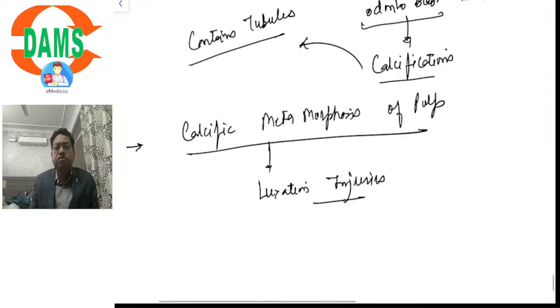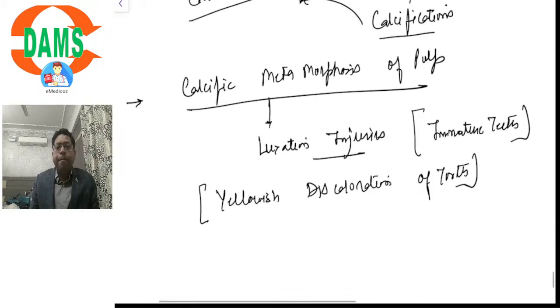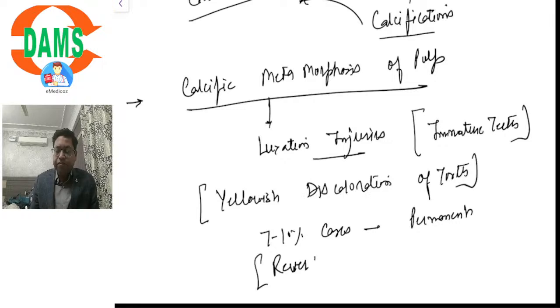Whenever the pulp is subjected to certain luxation injuries, especially in cases of immature teeth, there is calcific metamorphosis of the pulp that gives rise to yellowish discoloration of the tooth. Okay. Only in 7 to 10% of cases it is permanent, and in others it is a reversible phenomenon.